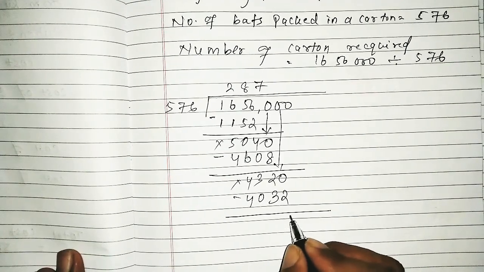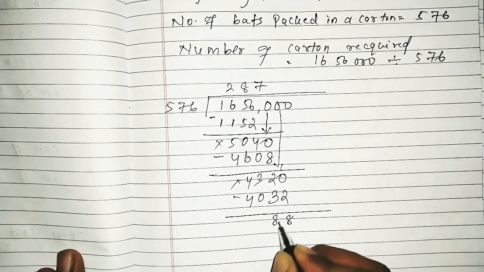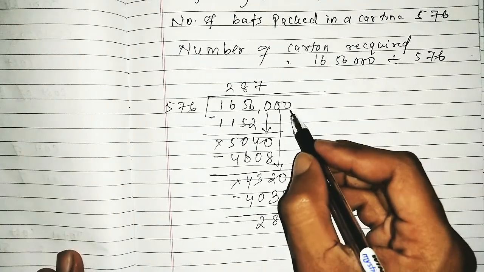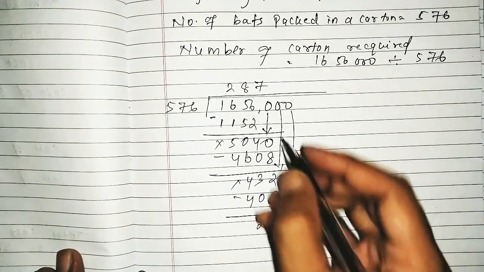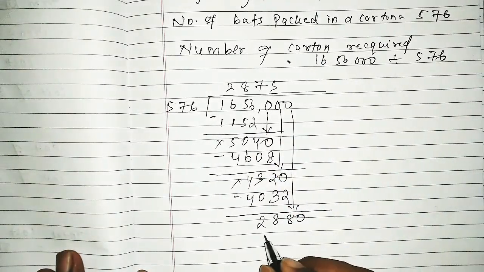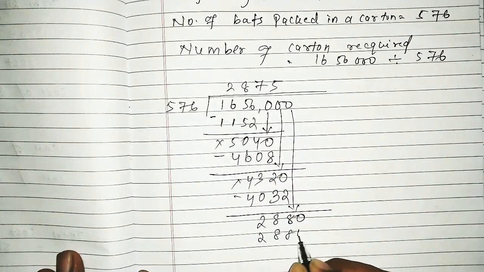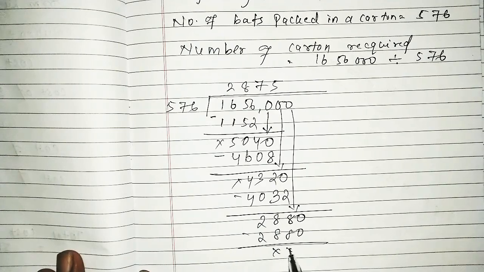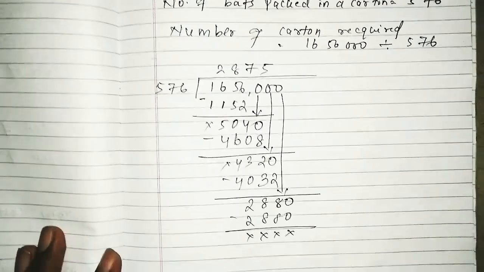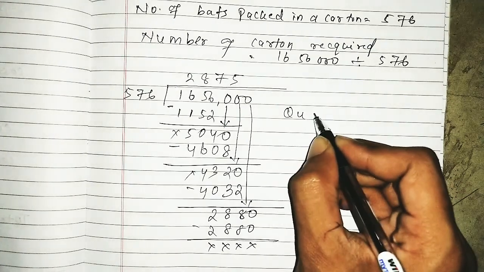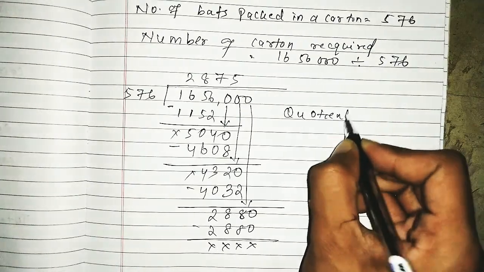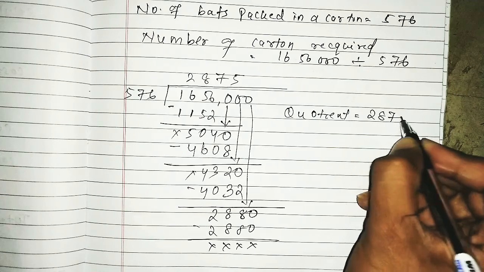So 882. Again 0 comes here. Now it comes 5 times, 2880. So what is the quotient here? 2875.